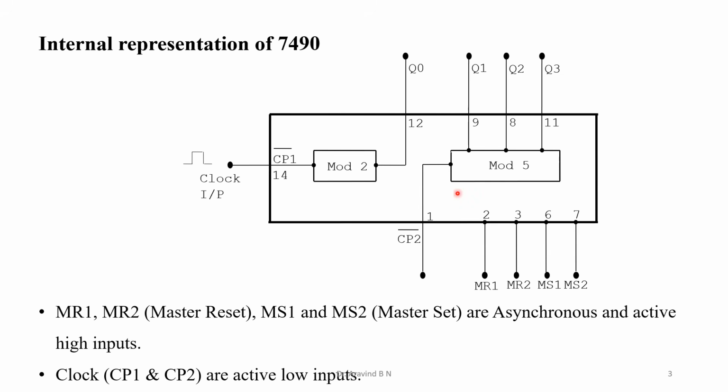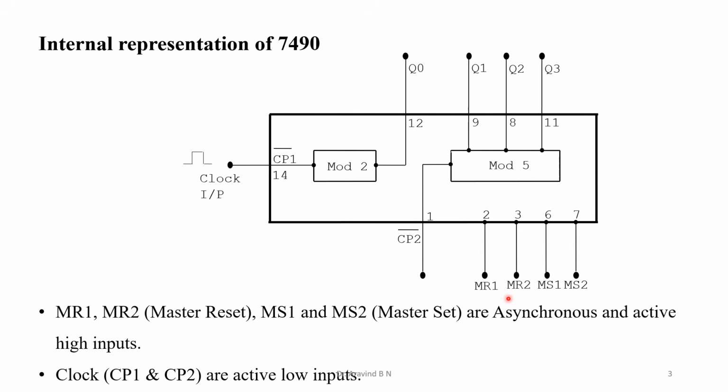In order to control these two counters, there are four asynchronous inputs: MR1, MR2, MS1 and MS2. MR represents the master reset and MS stands for master set. MR1 and MS1 correspond to the first counter. MR2 and MS2 correspond to the second counter.